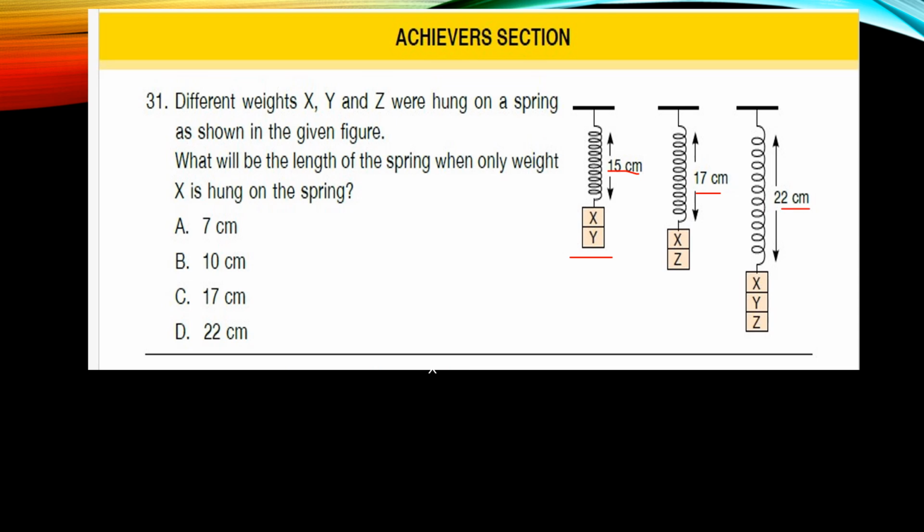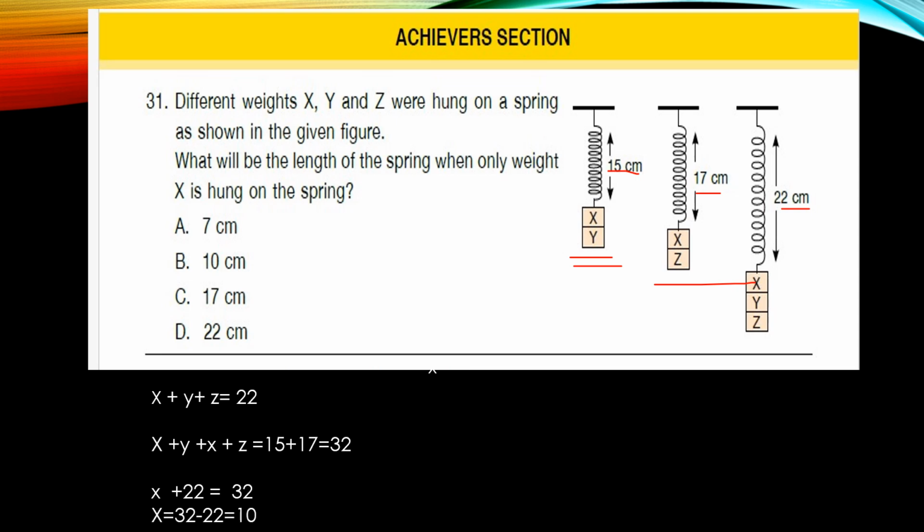That means X plus Y plus Z is 22. If we add X plus Y and X plus Z, we get 15 plus 17 equals 32. That means X plus 22 equals 32 and X equals 10. So our answer is option B, 10 centimeter.